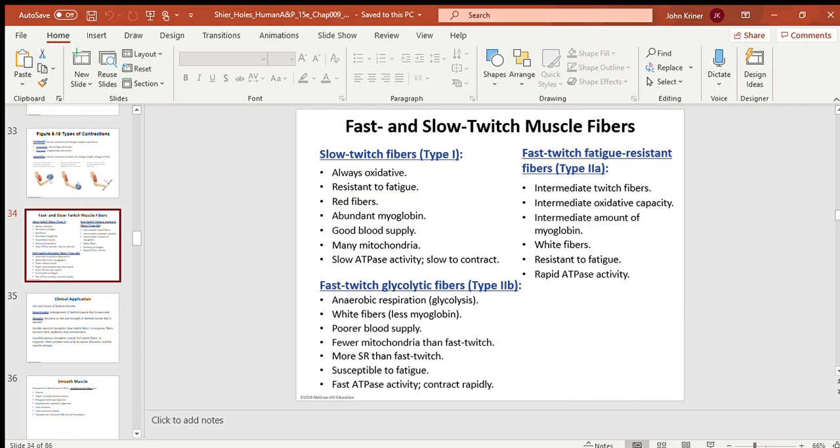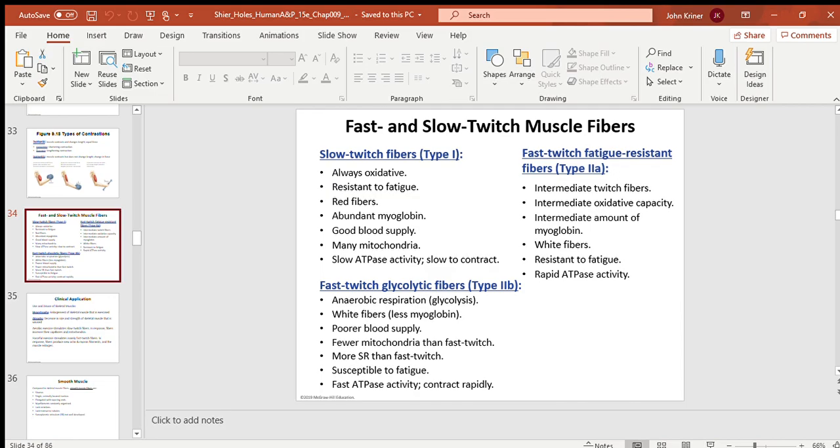Let's move to fast twitch. Now, fast twitch are divided into two types, A and B. You have fast twitch, fatigue resistant. Basically, if we went from slow twitch to fast twitch B, those two would be opposites. Fast twitch B is anaerobic, so you know it as fermentation.